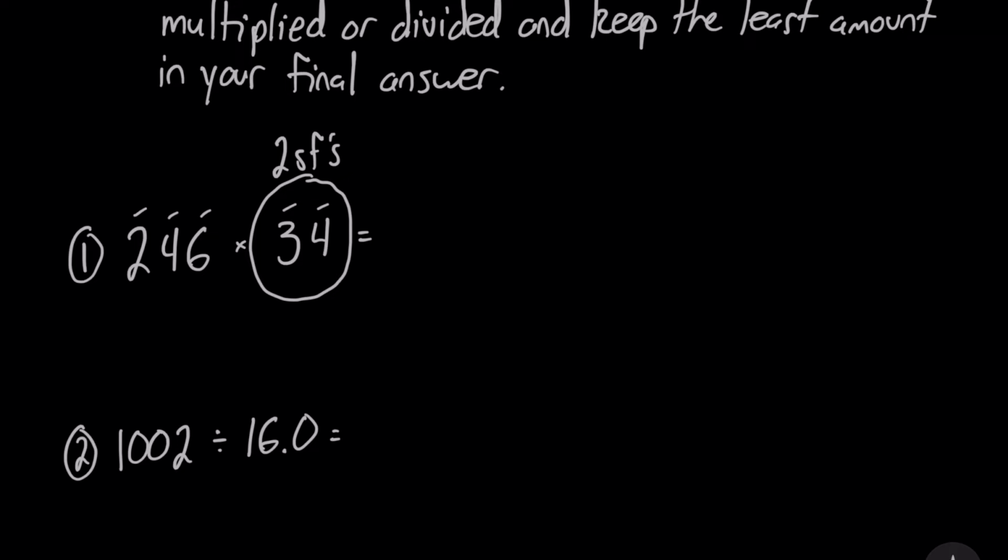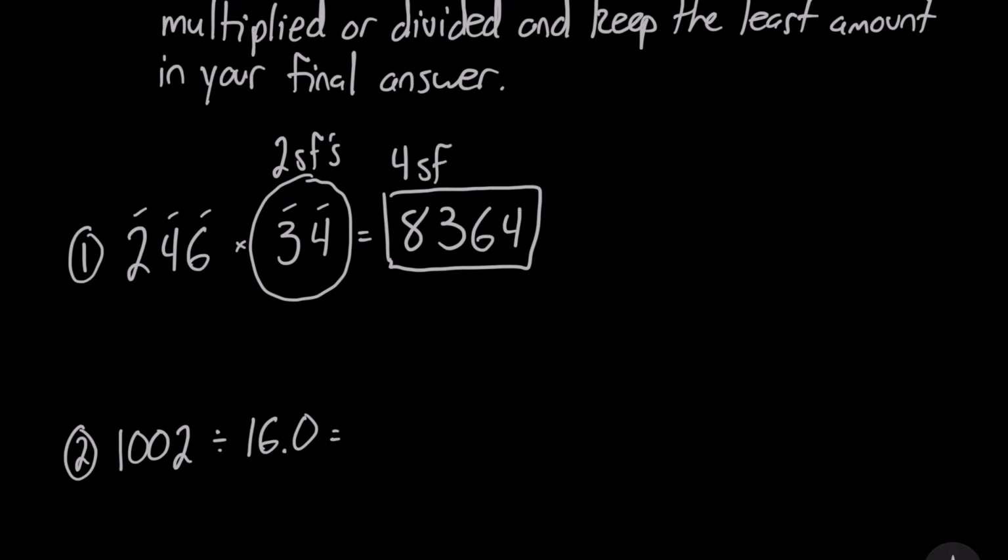If you type in 246 multiplied by 34, you should get an answer of 8,364. If we were to leave this answer here, we would have 4 significant figures in our answer, which is incorrect.